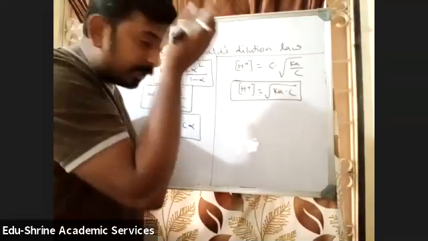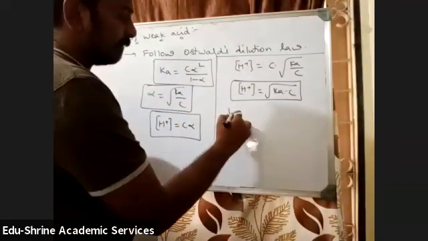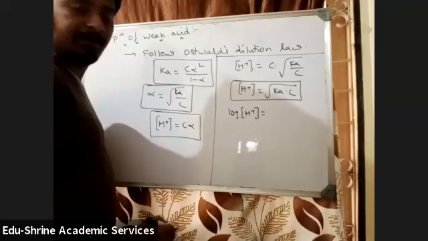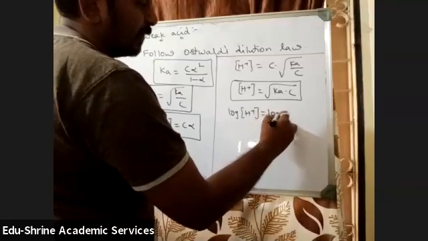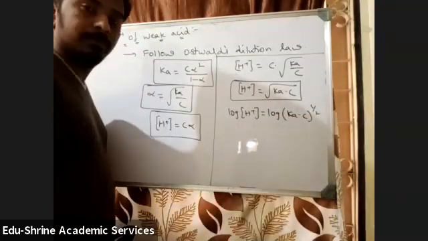Now, in order to get pH, I need to take log on both sides. So when I take log on both sides, you will get log H plus is equal to log of Ka into C whole power 1 by 2.